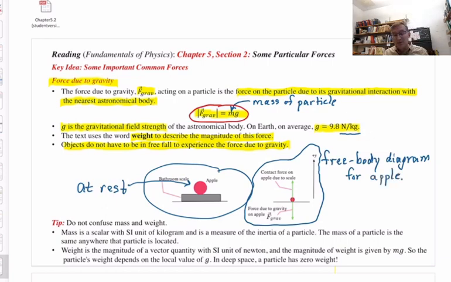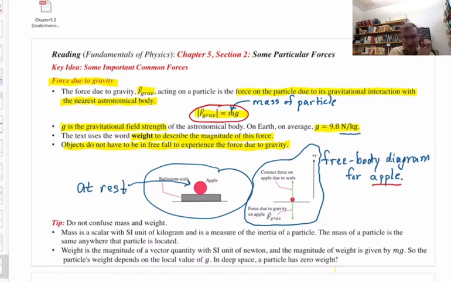What is in a free body diagram? Well, first of all, you have to know what you're drawing the free body diagram for. That's why I wrote that, for apple. In a free body diagram for any particle, in this case the apple, you represent the particle more or less like a dot. So that red small dot there represents the apple.